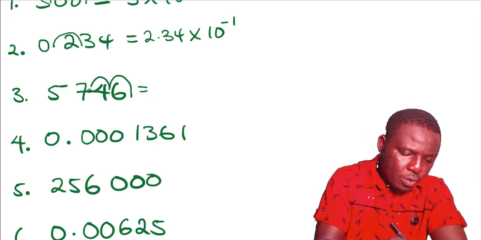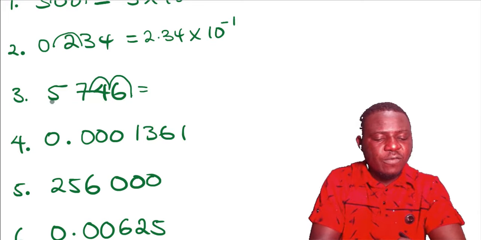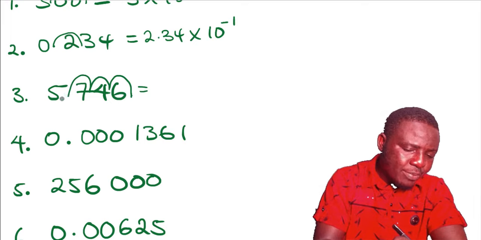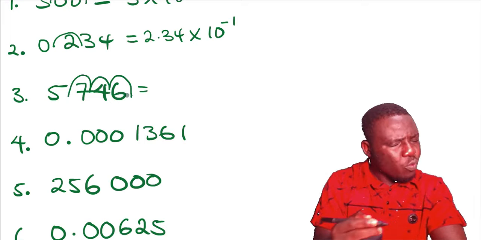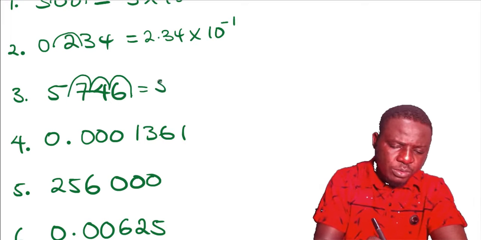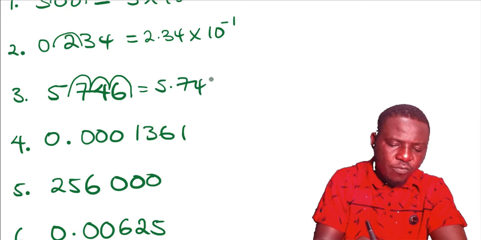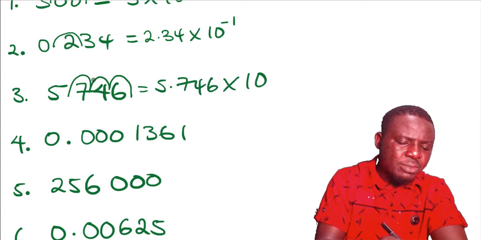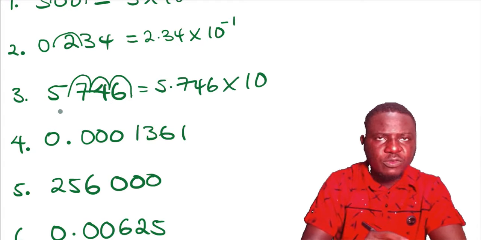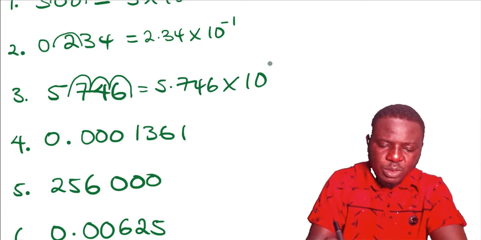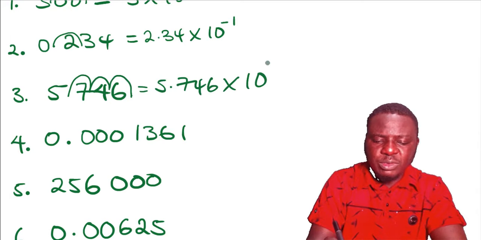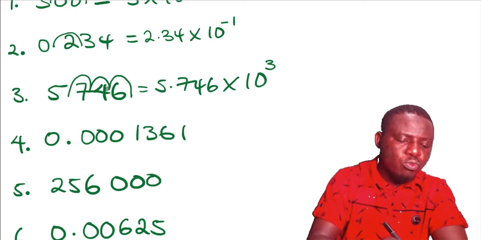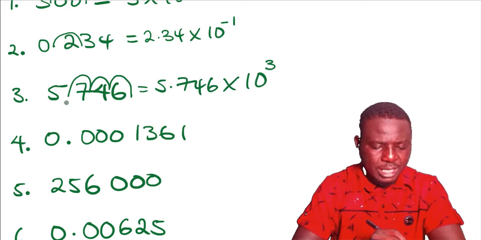So move it again, this becomes 57.46, which is still too large. Move it again, it becomes 5.746, which meets the criteria. So this becomes 5.746 times 10 raised to the power of the number of times that decimal point was moved, and that is 3. So this becomes 5.746 times 10 raised to the power of positive 3, because the decimal point was moved towards the left.